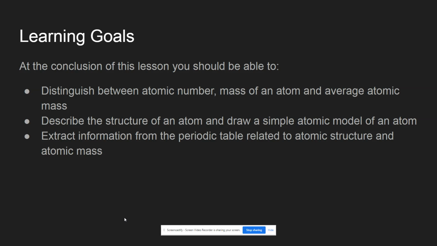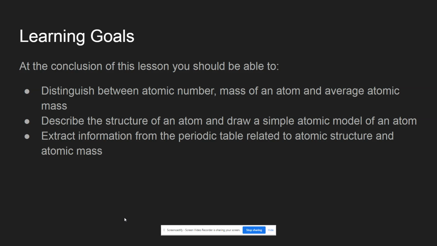You're also going to be able to extract information from the periodic table related to atomic structure and atomic mass. So you've already learned within the last few lessons that the location of an element on the periodic table can give us some really great information about that element. We've talked about reactivity. We've talked about the columns.